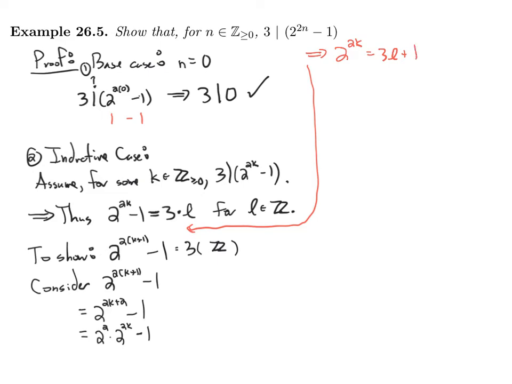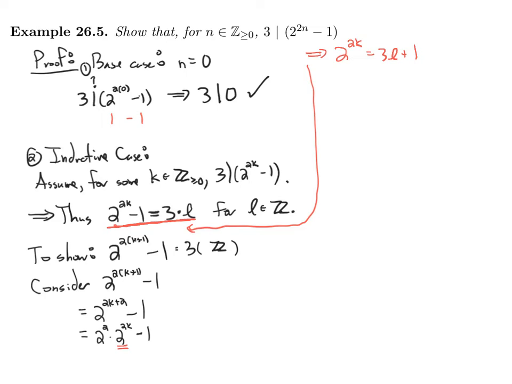So now we have a nice way of using our inductive hypothesis. Just to make sure we understand what's going on here, I rearranged this to be in a more usable form, because I know that if I had it in terms of 2 to the 2k, I could easily replace that.